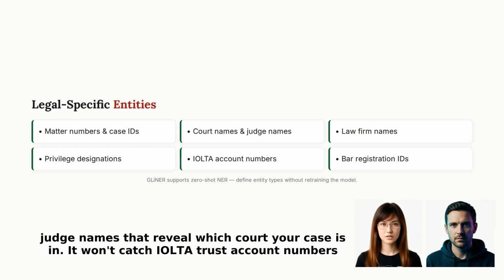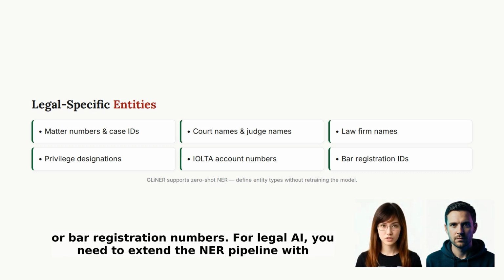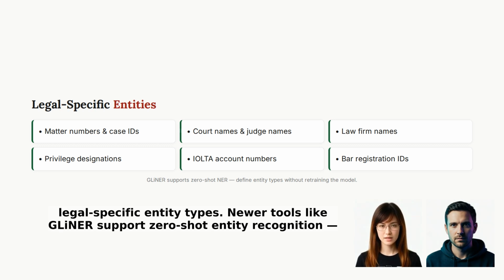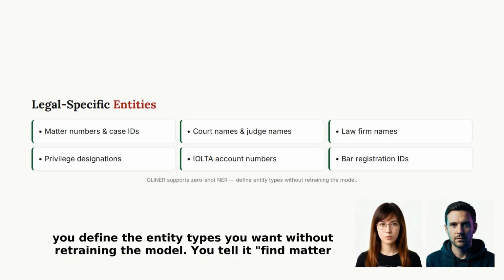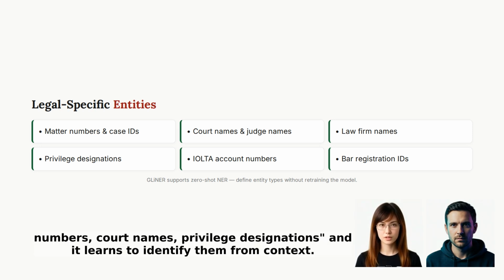It won't catch IOLTA trust account numbers or bar registration numbers. For legal AI, you need to extend the NER pipeline with legal-specific entity types. Newer tools like GLiNER support zero-shot entity recognition. You define the entity types you want without retraining the model. You tell it, find matter numbers, court names, privilege designations, and it learns to identify them from context.